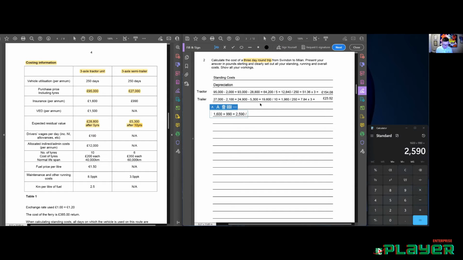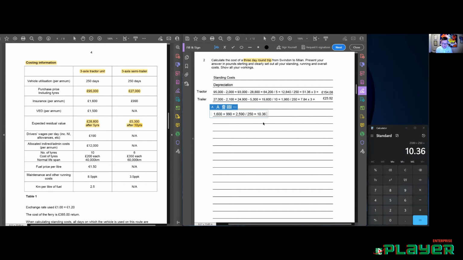So all I've got to do is divide that figure by 250, which equals £10.36.